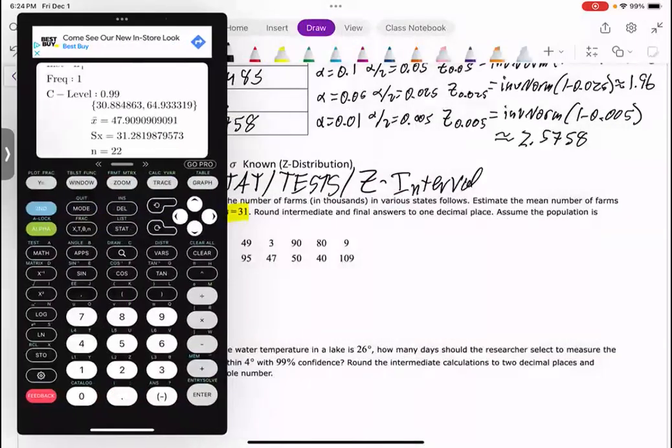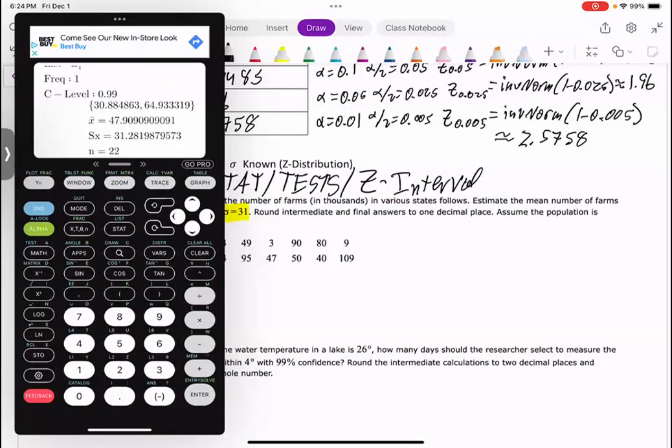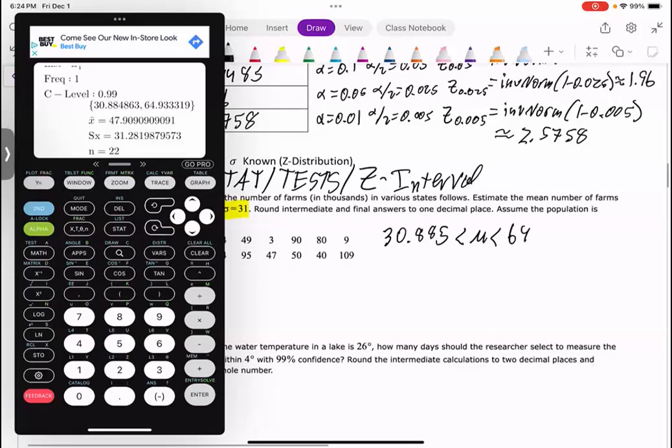There it is. So here is our confidence interval. It goes from 30.885 up to 64.933.